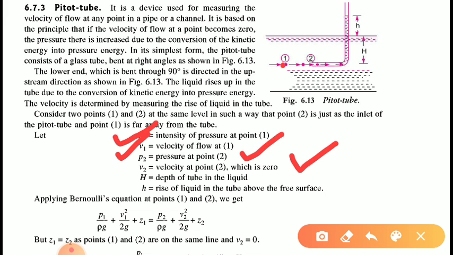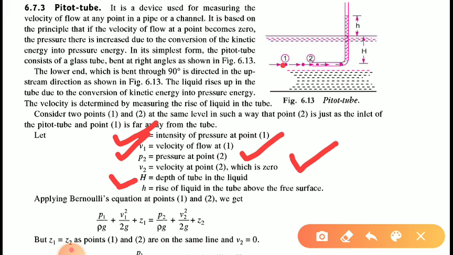Obviously, if we need to convert the velocity completely into head, then the velocity should become 0. Means if the velocity is 0, then we can say that it is completely converted into the pressure energy. Hence the velocity at point 2 is 0.